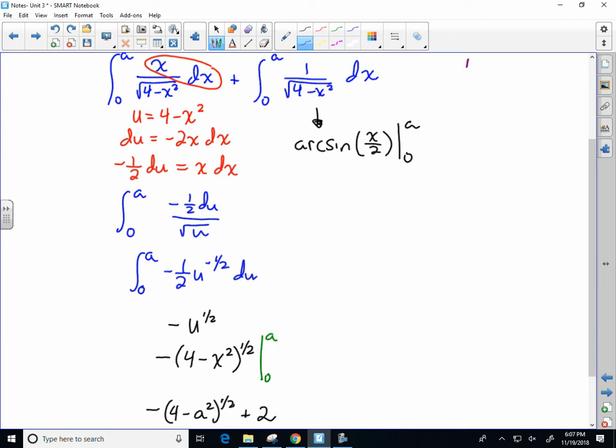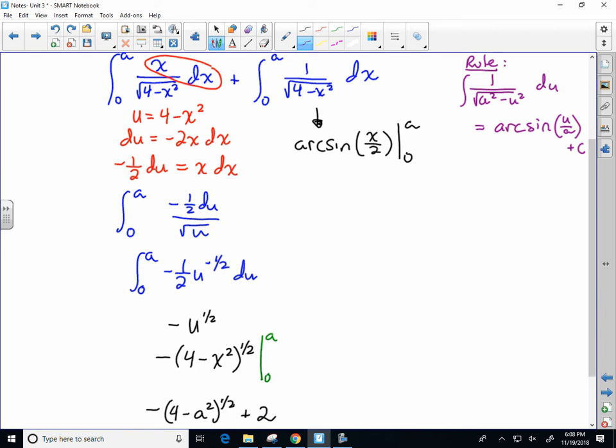If you have a rule, the antiderivative of 1 over the root of a squared minus u squared du is going to be the arc sine of u over a plus c.